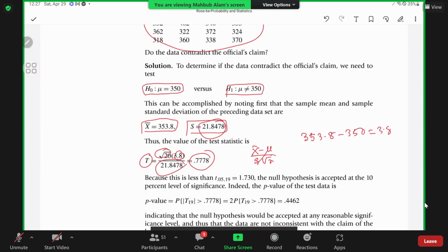This is the variance, where sp square is n minus 1 s1 square plus m minus 1 s2 square divided by n plus m minus 2. So this is the variance, and like this we divide by this variance.